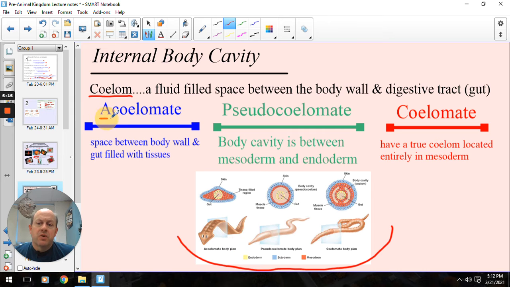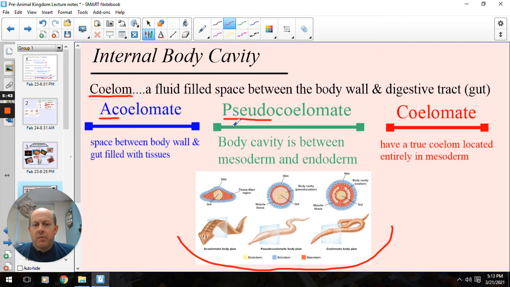But we can kind of break them apart. So the flatworms are going to be acoelomates. So that prefix A again means they don't have a coelom. So if you look closely here, in the mesoderm, which is in the red, there's no space. So flatworms would be acoelomates. Pseudo means fake. So if you have a pseudonym, we know that's a fake name. And so they have a mesoderm, and there is a space, but it's not completely surrounded by mesoderm cavities.